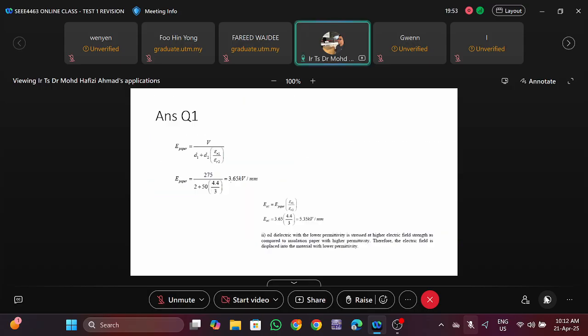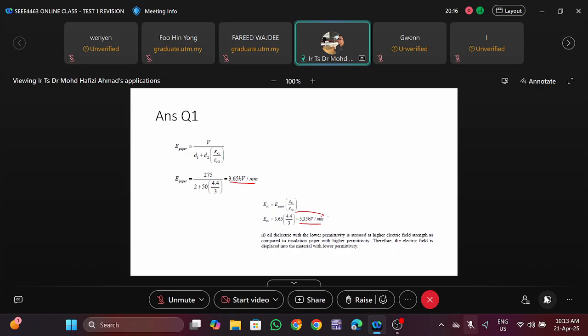We get the E of the paper as 3.65 kV per millimeter, and the E of the oil as 5.35 kV per millimeter. So you might see that the oil dielectric with lower permittivity is stressed at higher electric fields.